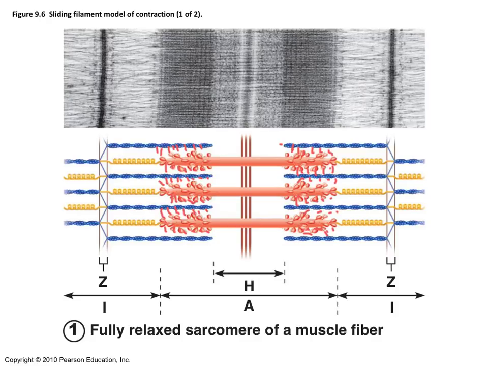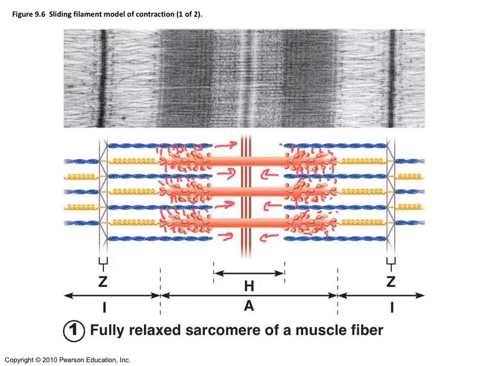And as the myosin heads start burning ATP, remember they have that ATP burning site in their myosin heads, these heads flex up and pull the actin filaments in towards the M line. Now they can only go so far.